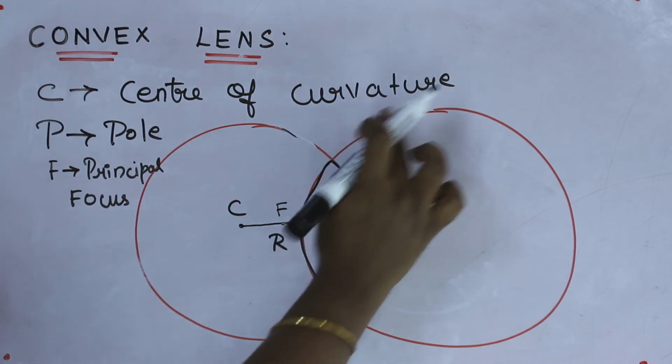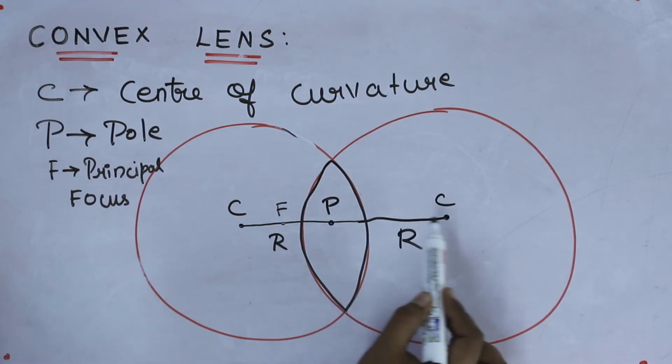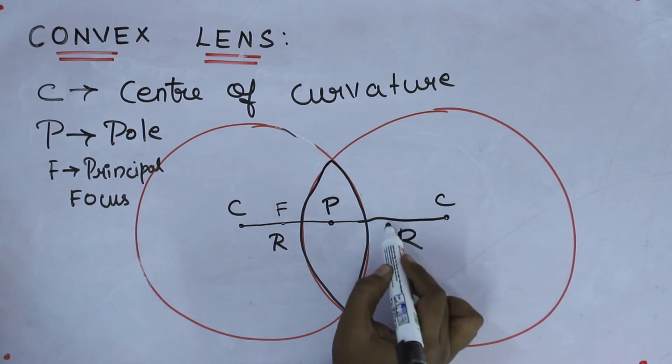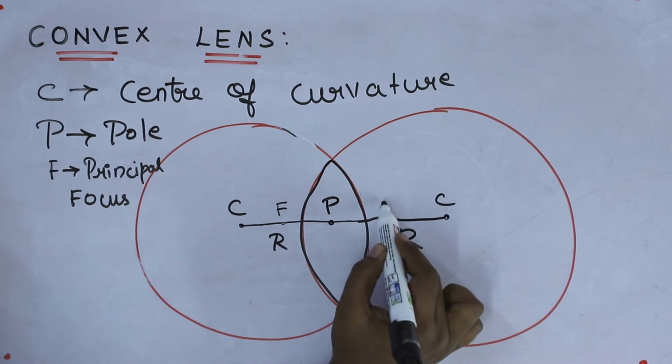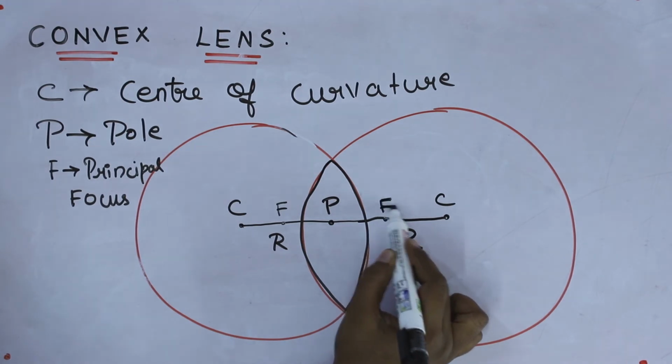And for the second spherical surface, again from the pole point to the center of curvature, I am placing one midpoint. That midpoint, as I said, is the principal focus, capital F.